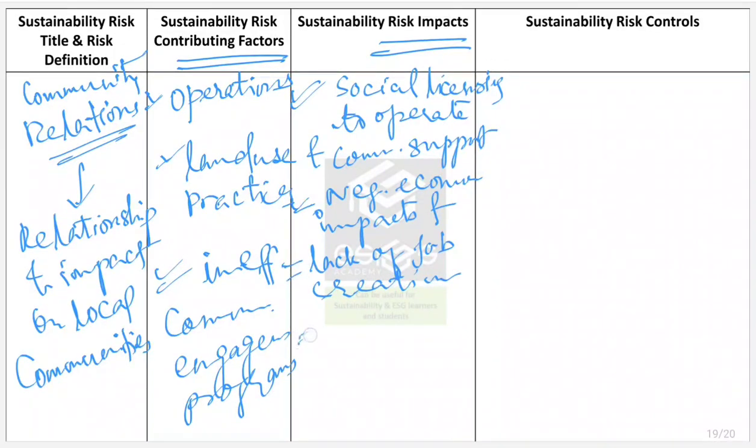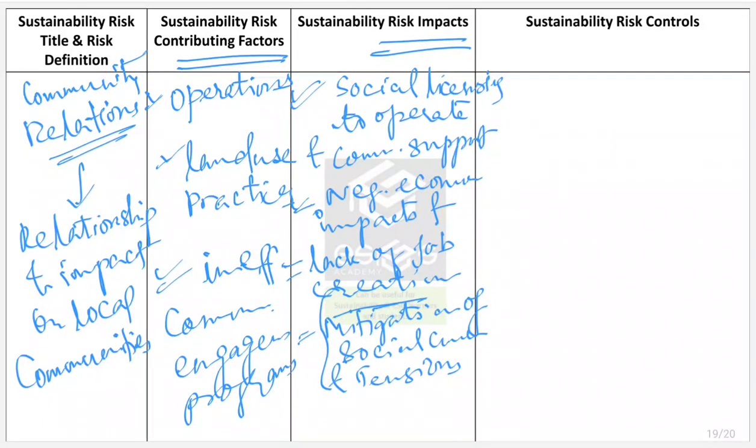Then we can say mitigation of the social conflicts and tensions will be hindered or disturbed.